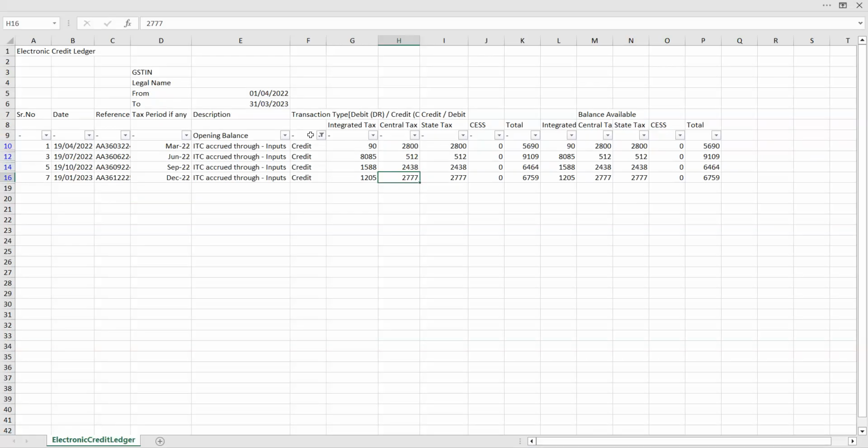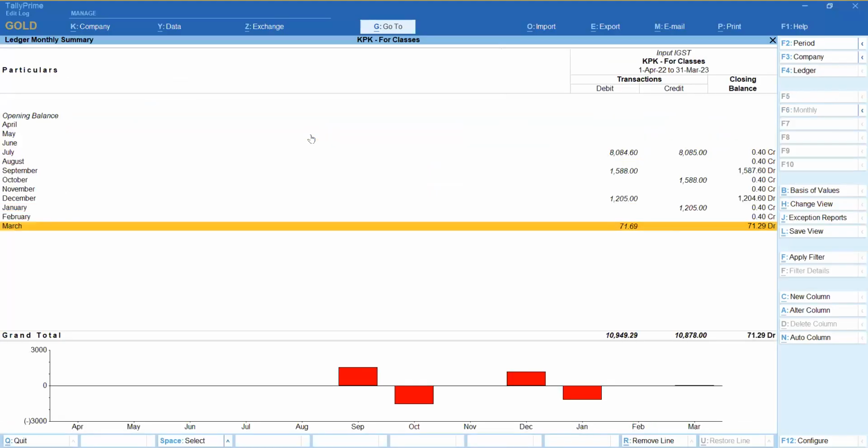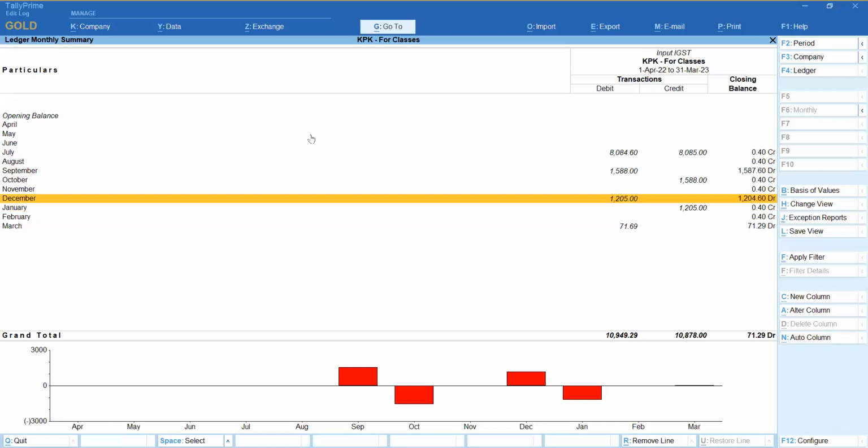And 1205 is in IGST. If you see 1205, I have taken the IGST. This is to explain to you that I have taken these entries. Otherwise, whenever you make purchases, it should match with your input ledger, with your credit ledger.